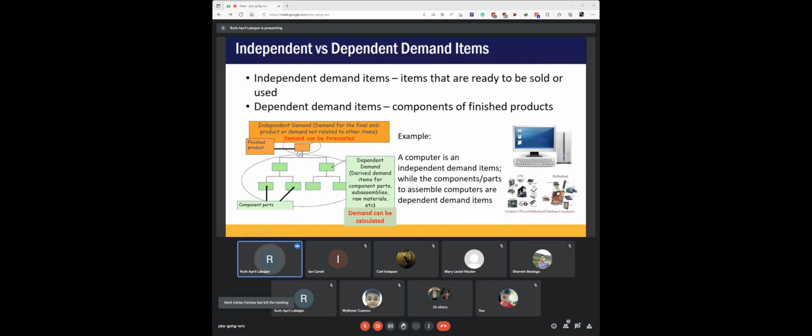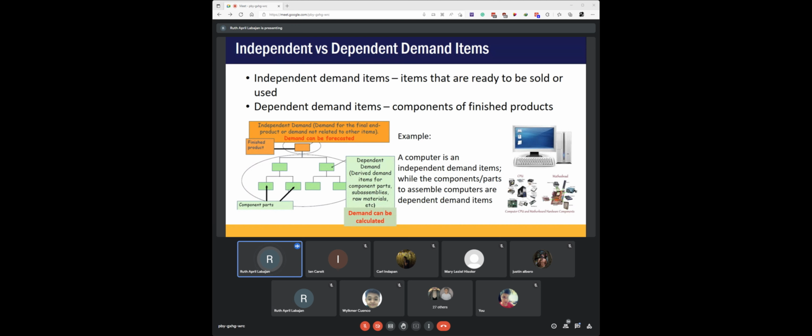So as you can see in this chart here, the one in the orange box on the top is an independent item or the finished product. In this case, for finished items or independent demand items, you can forecast the demand. You can anticipate how much the demand will be for that kind of product.